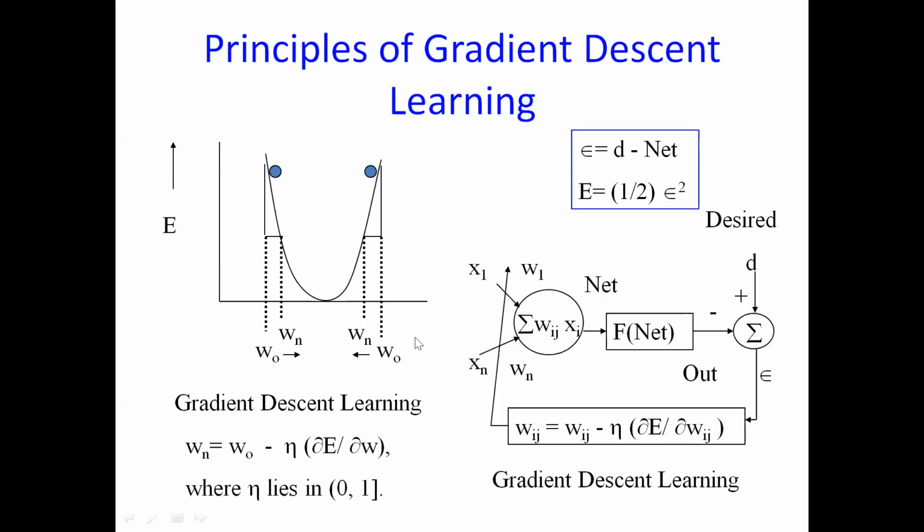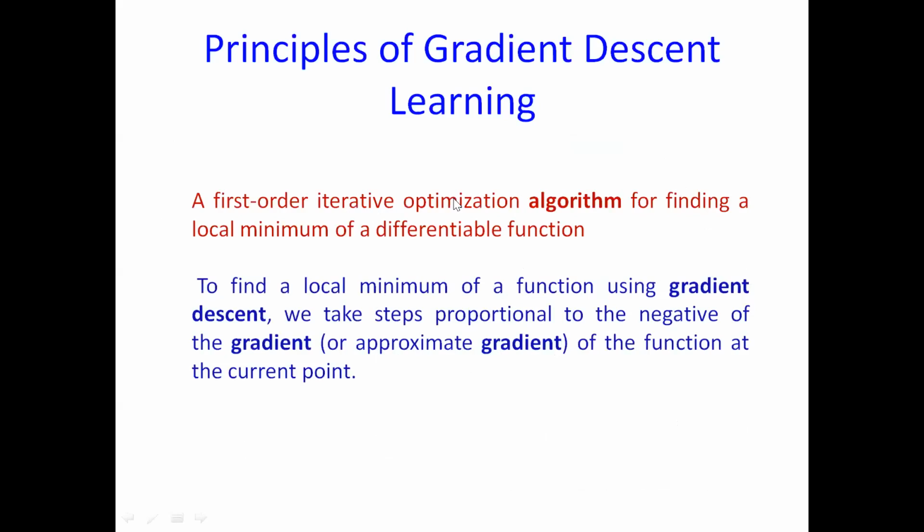So what happens when this gradient descent learning comes into the picture? This learning is usually a first order iterative optimization algorithm which can find a local minimum of a differentiable function. As we can see, this dE by dW function is a differentiable function, right?